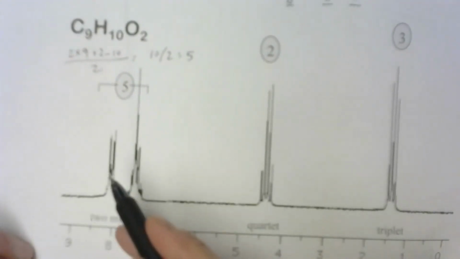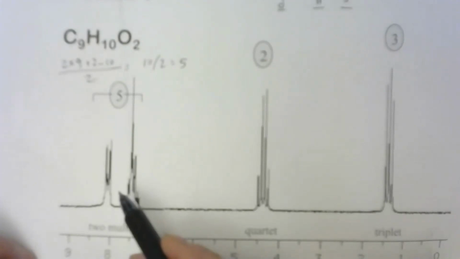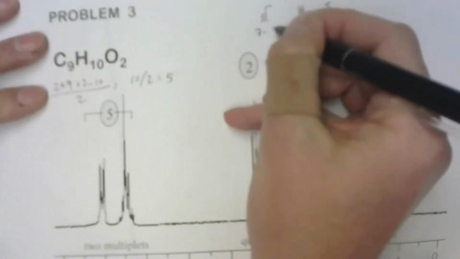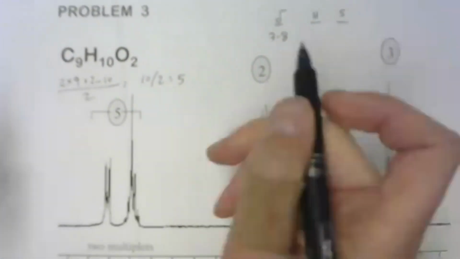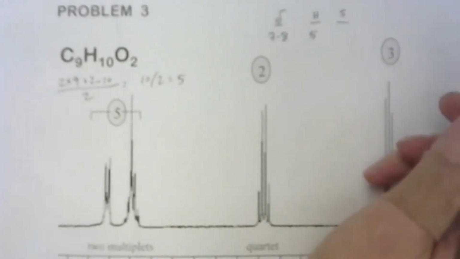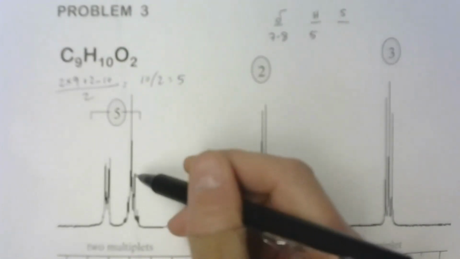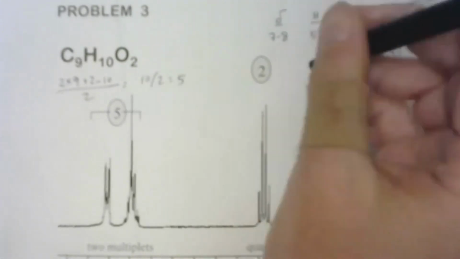It's this whole mess of 5 protons. I'm just going to assign that as a single thing, 7 to 8, and you can often do that in the aromatic region. It's 5 protons, and it's kind of a mess. That's common in the aromatic region, especially if you have 5 protons.